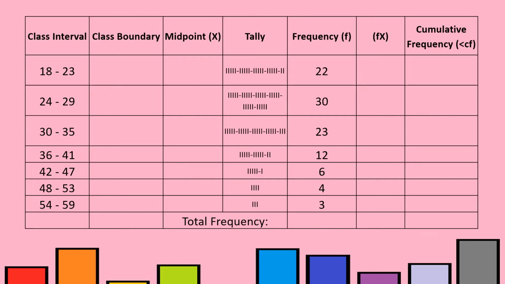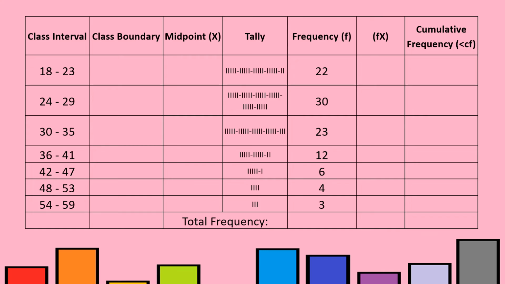Then the class boundary, midpoint, the tally, and of course the frequency. And the fx, where you multiply the frequency to the midpoint. And then the cumulative frequency, or the less than CF.